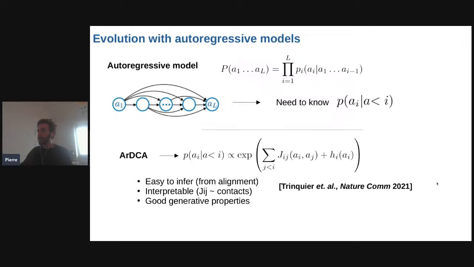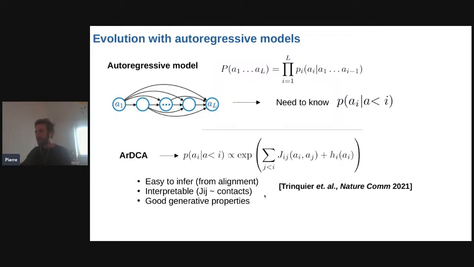Here, what we are using is the result of this paper, where they found that you can use a relatively simple form for these conditional probabilities, where each site has one coupling to each previous position and no coupling to the positions after, right? And so you learn these J parameters and these H parameters from an alignment. So you start from a protein family, you learn your parameters here, and you end up with your generative autoregressive model.